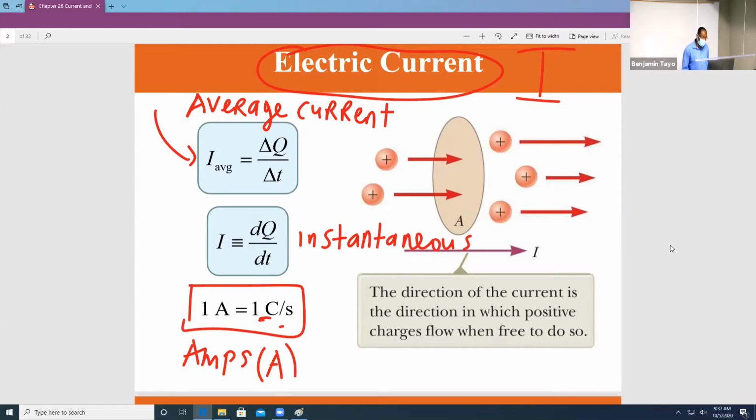Now, generally, when we talk about current, we're really going to focus on the flow of positive charges.